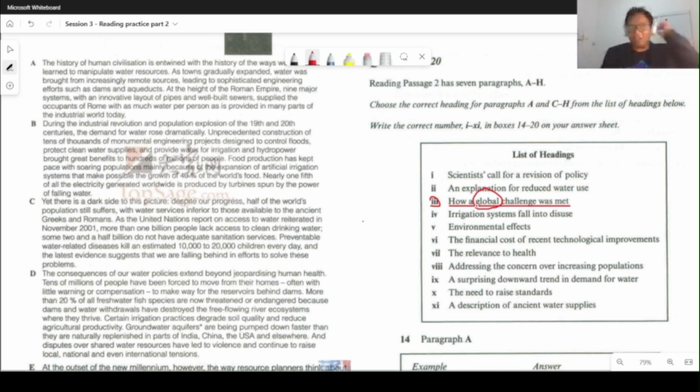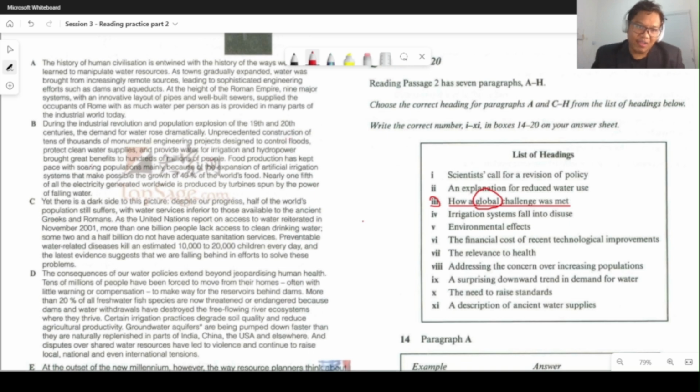Now, if you take a look at paragraph B, you can try and immediately check whether the word global is actually there in one way or another. So let's take a quick look. And here is where your ability to skim and scan will benefit greatly. During the Industrial Revolution and population explosion of the 19th, 20th century, the demand for water was dramatically increased.